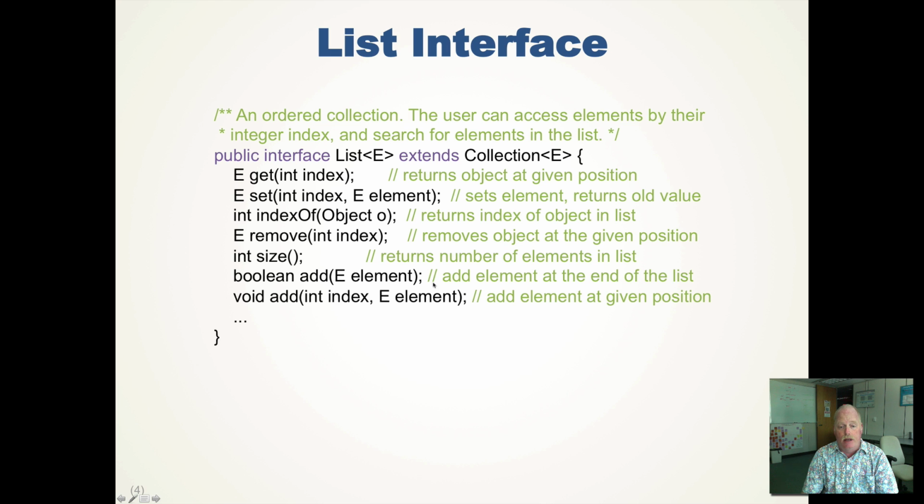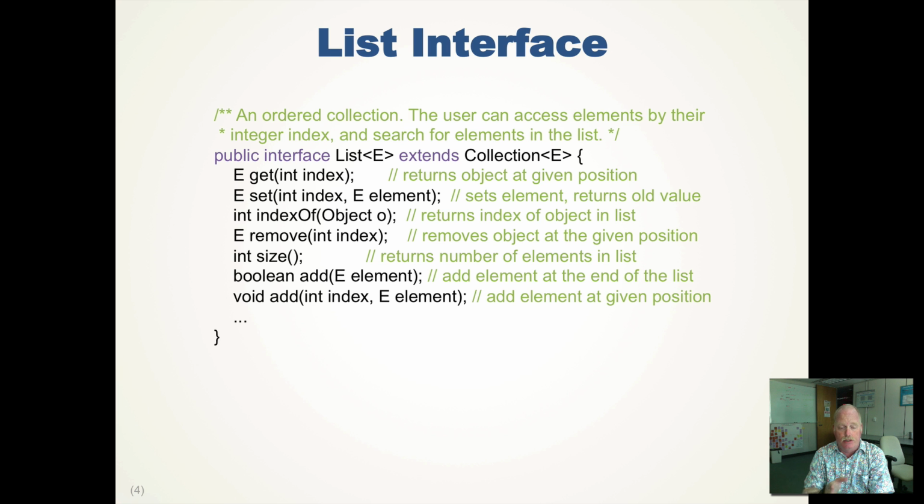And so if you want to add to the end of the list, you call add and you give the element that you want to add. It returns a Boolean whether or not it's successful in the add. And you can add to the middle of the list or any place in the list by saying I want to add at the index this element, and that will shift all the elements from index on basically to the right, so they will have one larger index.